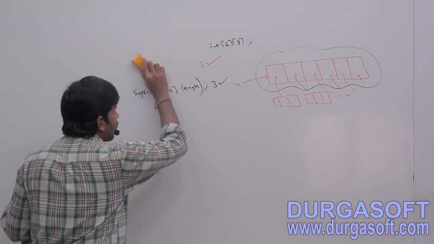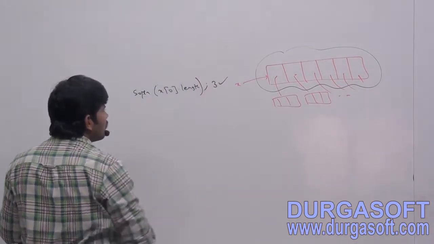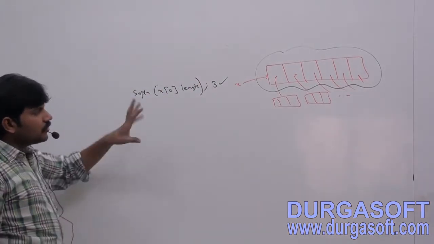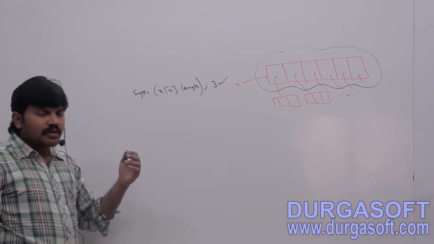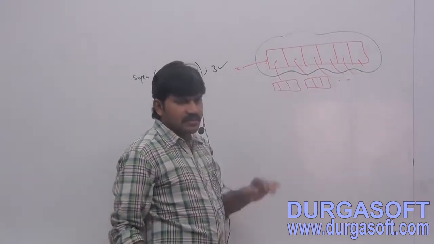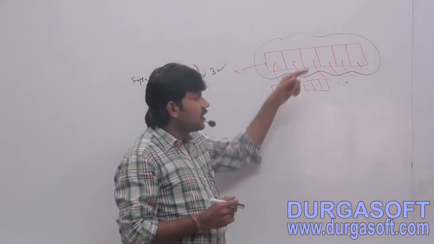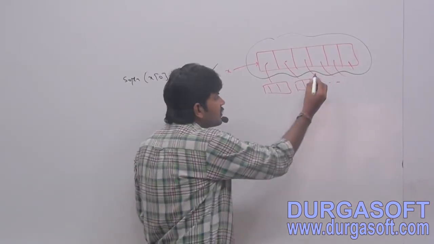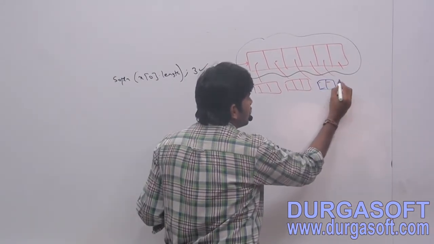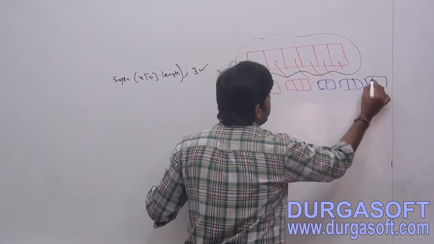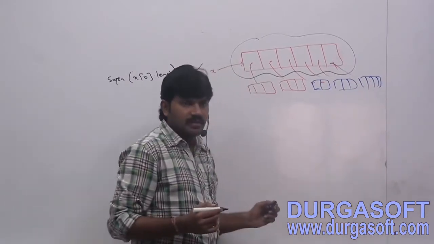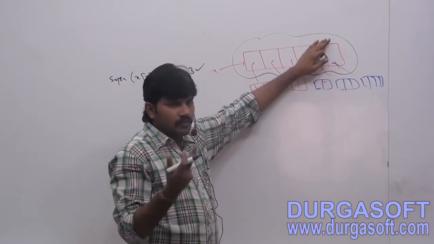Next, here there is no direct way to find the total size. The reason is that in multi-dimensional arrays, the next level size is not fixed. Sometimes 2, sometimes 3, sometimes 4, so we can't fix it.